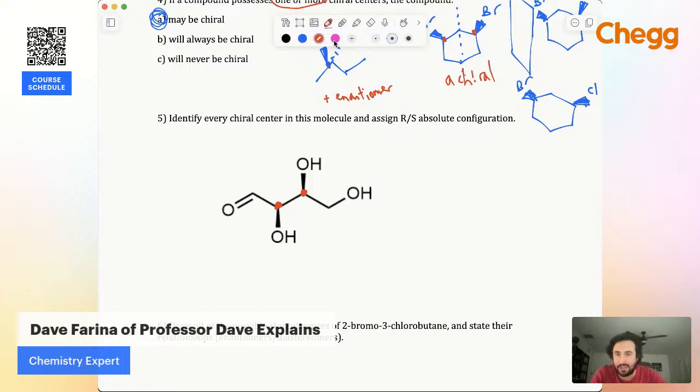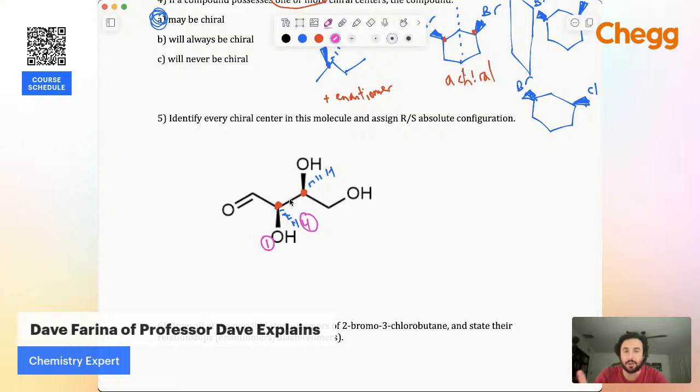Now we want to assign R and S to these groups here. So let's start with this one over here. This is going to be priority 1. And the implied hydrogen here, let's just draw those in because that does help a bit. And we know that the implied hydrogen is going to be priority 4.